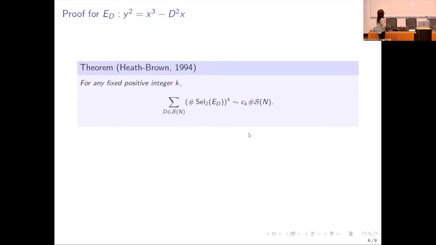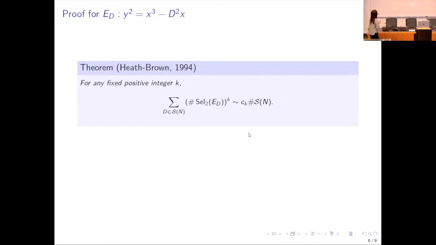Here the set S is just the set of square free numbers up to n. He computed all the kth moments of the 2-Selmer group in this family. With this moment calculation, we apply the known case of Lang's conjecture, because I mentioned that Lang's conjecture is true for any quadratic twist family.